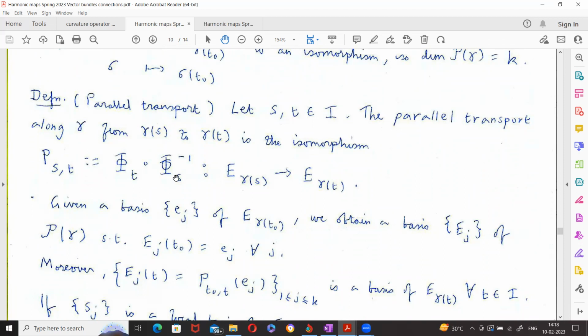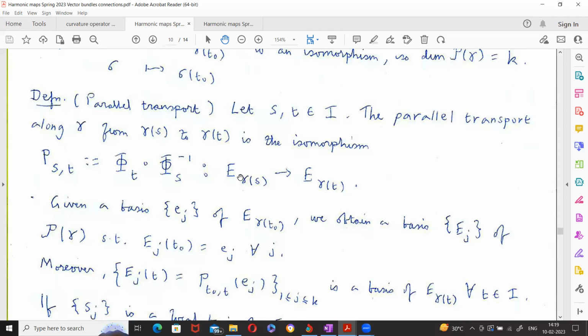So capital phi sub S inverse will go from where to where? It will go from the fiber at gamma S to the space of parallel sections P gamma, and then phi sub T will go from P gamma back to the fiber at gamma T. So this composition will be a map from the fiber at gamma S to the fiber at gamma T. Is this clear? Yeah.